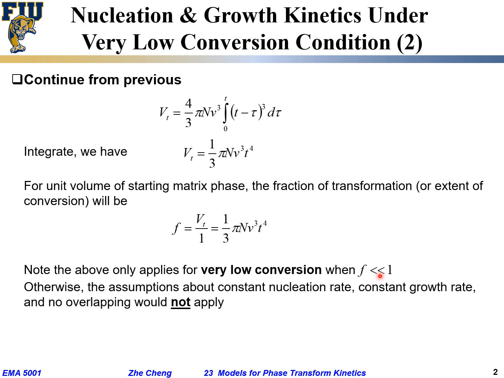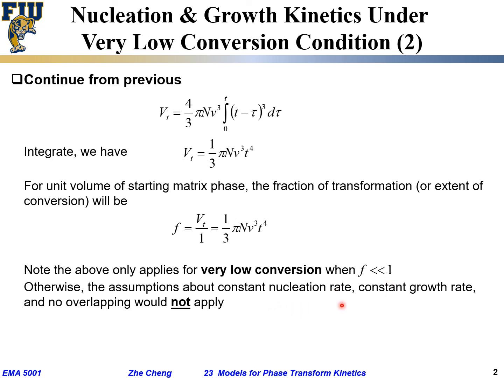Higher than that, then it becomes complex because the assumptions about constant nucleation rate or constant growth rate or no overlapping will not apply. Okay? That's what we said. This equation holds only for very low conversion at the very beginning of the phase transformation process, when f is much smaller than 1, when f is very close to 0.